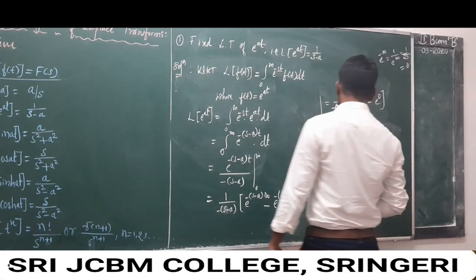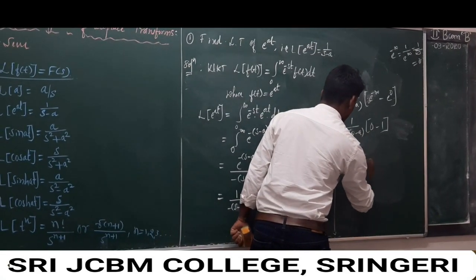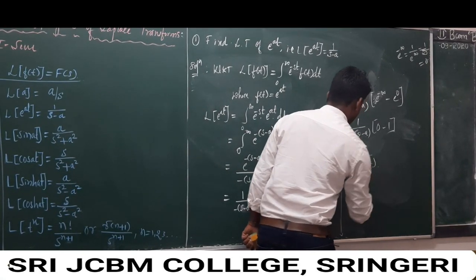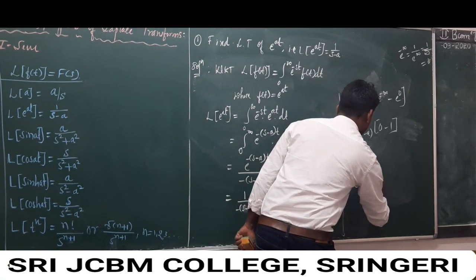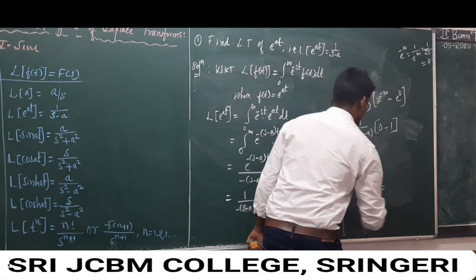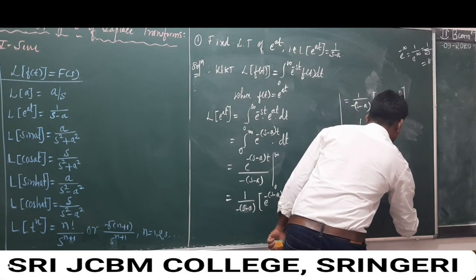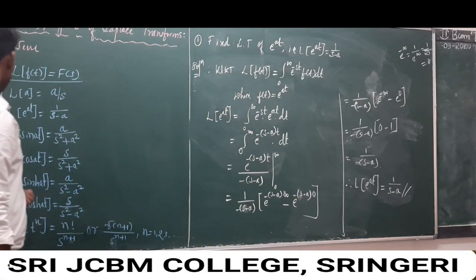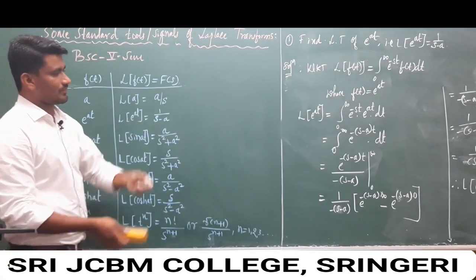So we can write 1 over s minus a. Therefore, the Laplace transform of e to the power at is equal to 1 over s minus a. This is the simple solution for the exponential function e to the power at, and we get the solution.